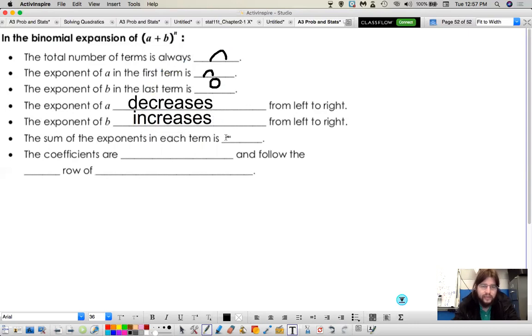Sum is always going to be n. Coefficients are, I have no idea what they want here. It's from Pascal's triangle. There's n plus 1 of them. I honestly have no idea what they want to put here, but they follow the nth row of Pascal's triangle.